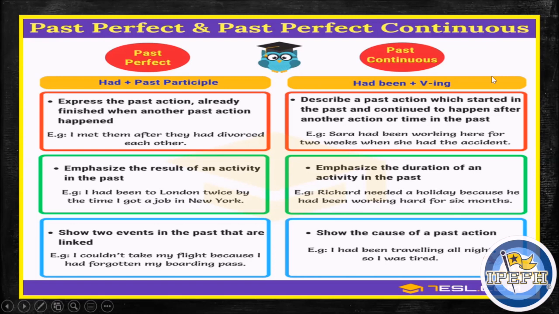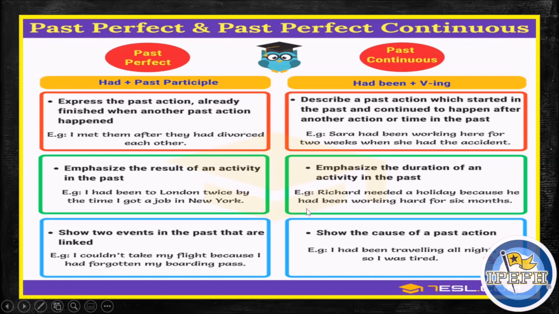On the other hand, talking about the past perfect continuous, we use it to describe a past action which started in the past and continued to happen after another action or time in the past. For example, Sarah had been working here for 2 weeks when she had the accident. We use it also to emphasize the duration of an activity in the past.